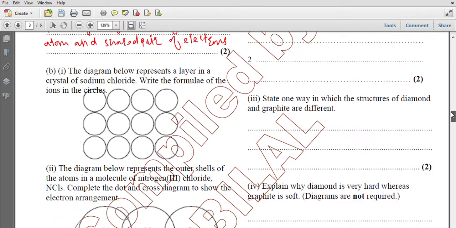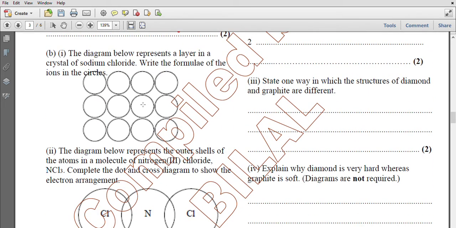The next question is related to the arrangement of the ions. The diagram below represents the layer in the crystal of sodium chloride. Sodium chloride is an ionic compound, made up of oppositely charged ions.